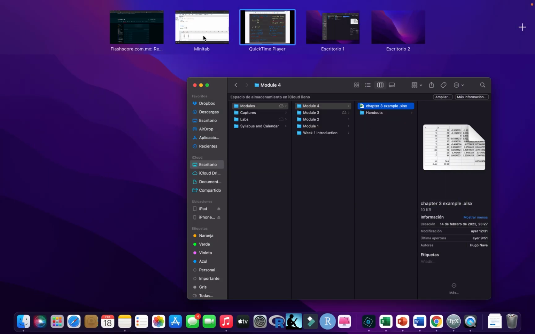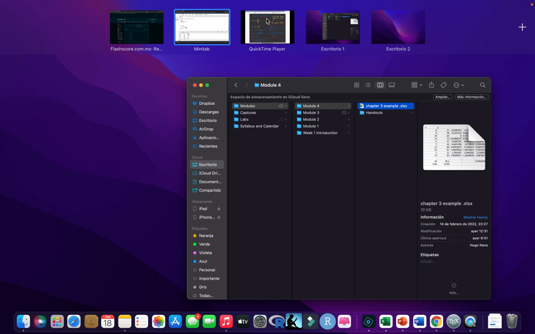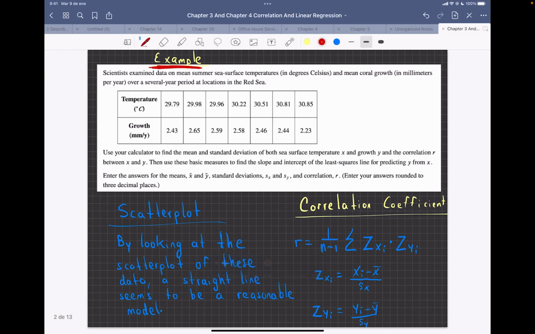So how to interpret this? One way is this. We have temperature and growth. The growth was measured in what? Millimeters.